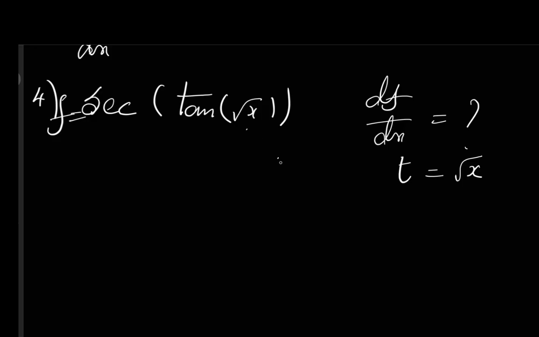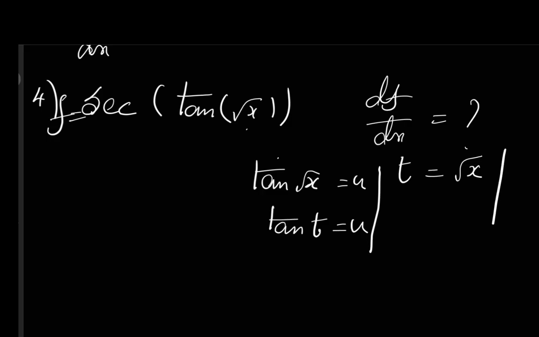That is tan t is equal to our u. This is the first one, second one. So what is our f? f is equal to secant of tan root x, which I have taken as u. Secant u.